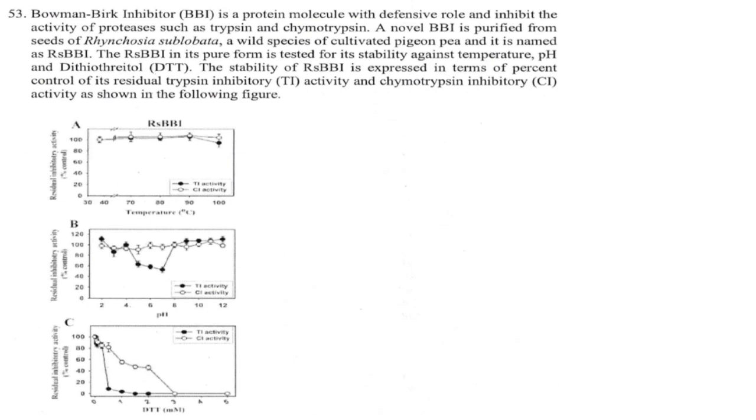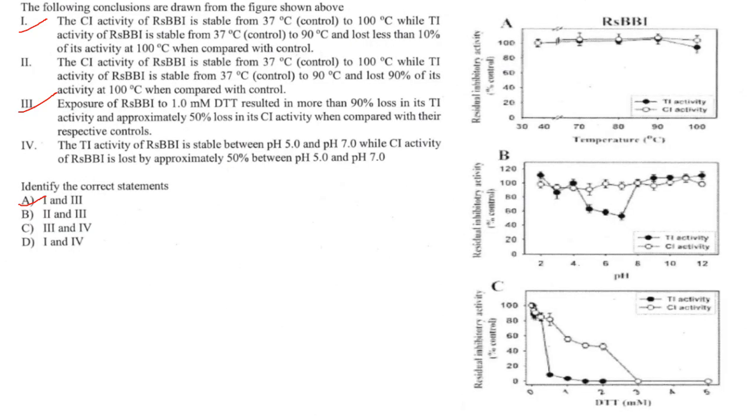Now RSBBI is in its pure form, that is they purified it and tested for its stability against temperature, pH and DTT. And stability of RSBBI is expressed in terms of % control of its residual trypsin inhibitory activity and chymotrypsin inhibitory activity. Now the following conclusions are drawn from the figure shown above. So this is the figure, I have pasted it again here.